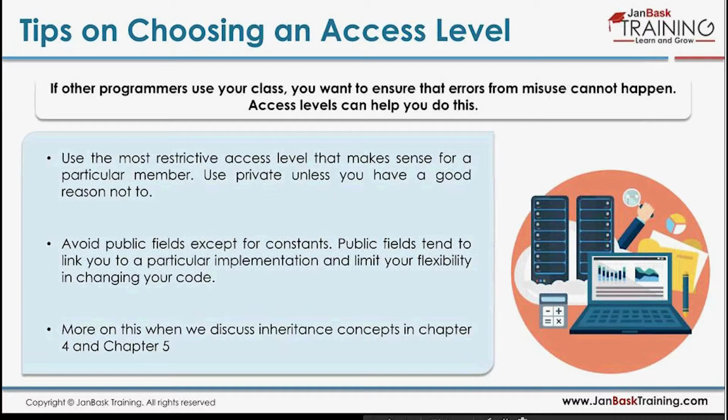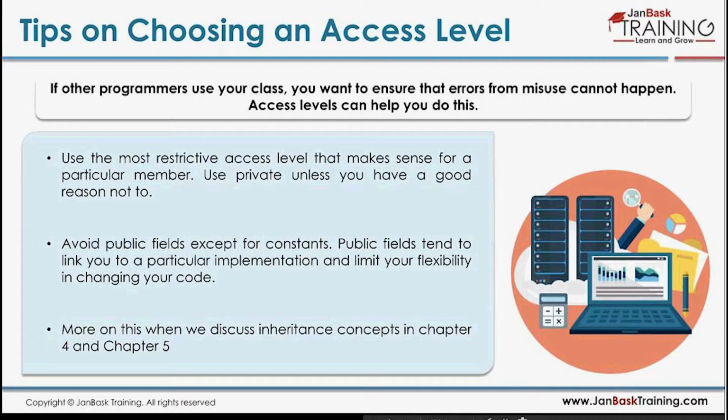So there are certain tips. Use the most restrictive access level that makes sense for a particular member. Use private unless you have a good reason not to. So by default, make everything private, unless you need to share some things across your packages, and only make those members package private which you need to share across the package.